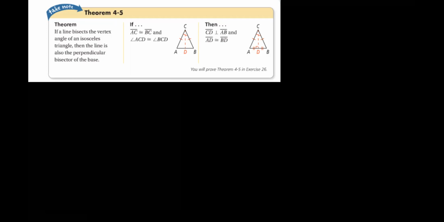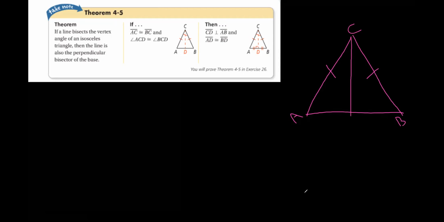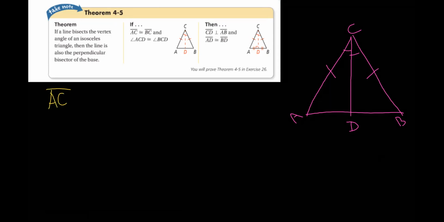Okay, and this one here, we have this triangle. And in this triangle, it's given to me that this is A, B, C, and there's a line that cuts it with D. So the first thing that's given here is that line segment AC is congruent with the line segment BC.